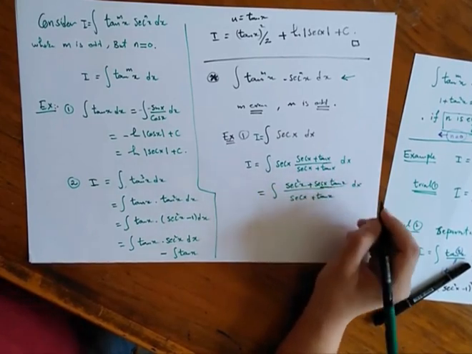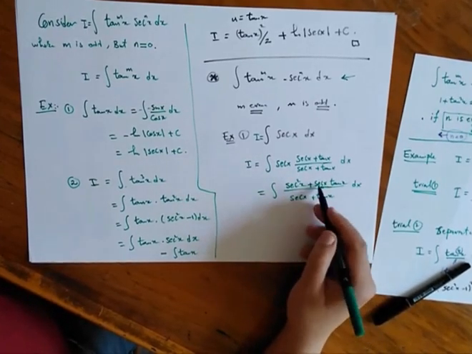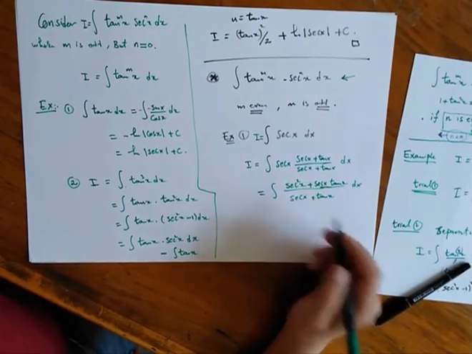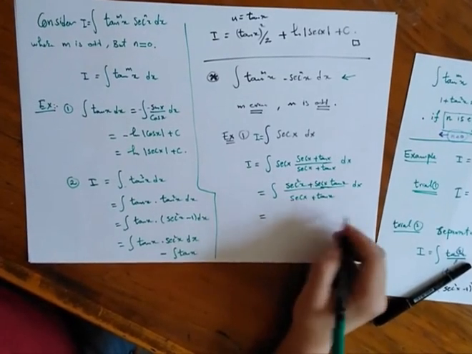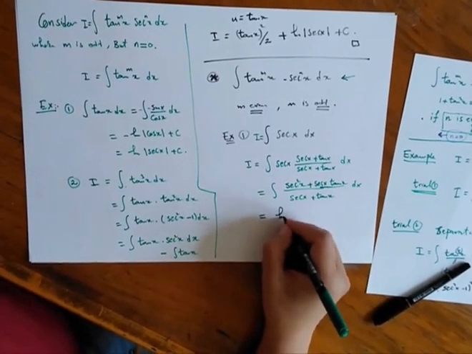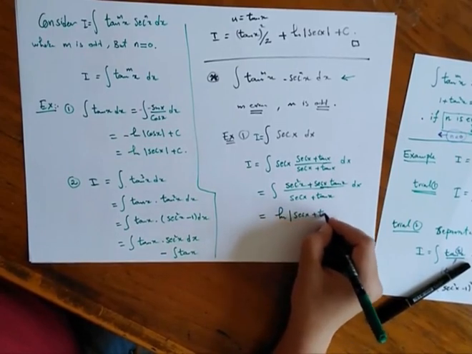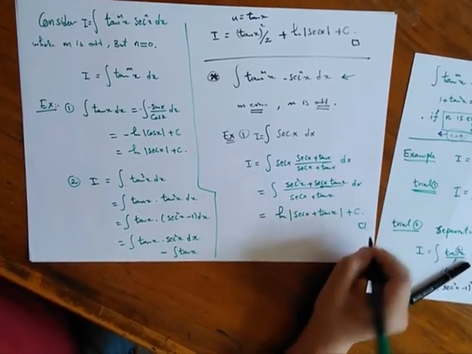Now you can see that the differentiation of secant x is sec x times tan x, and the differentiation of tangent is secant squared. So now the numerator is the differentiation of the denominator, so directly the integration is going to be the absolute value of the denominator plus constant. So now we did it.